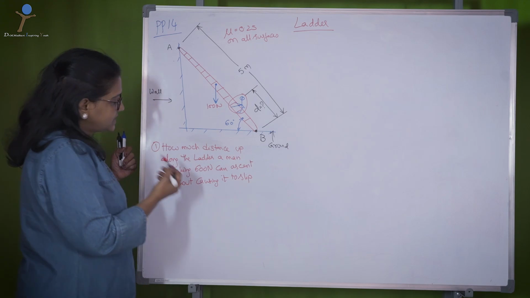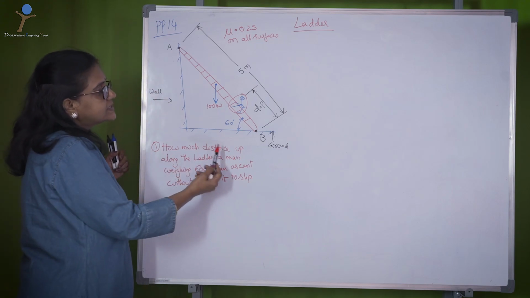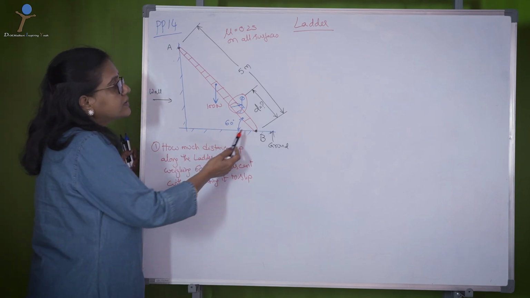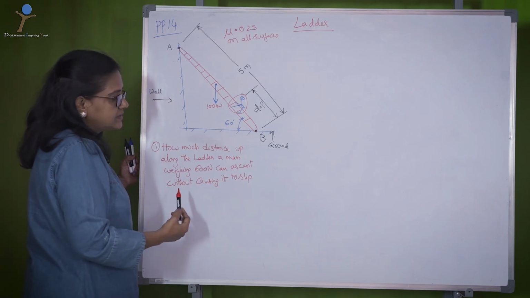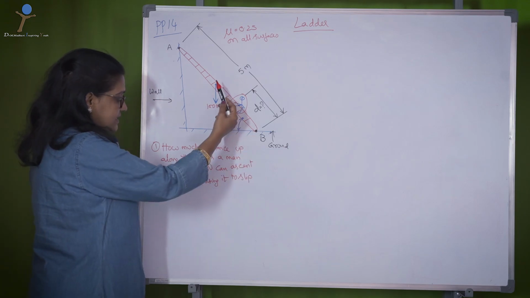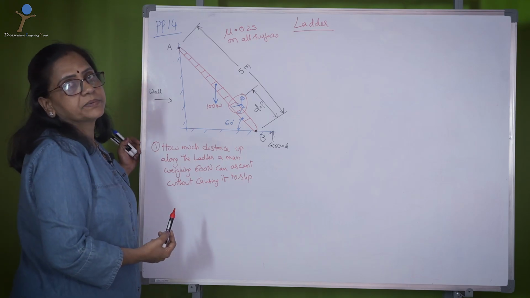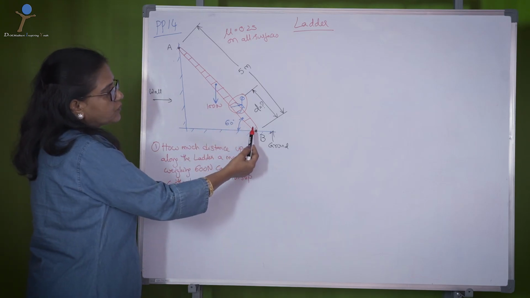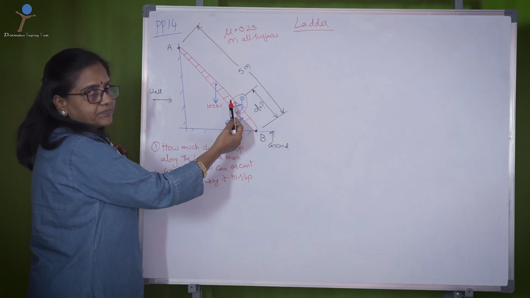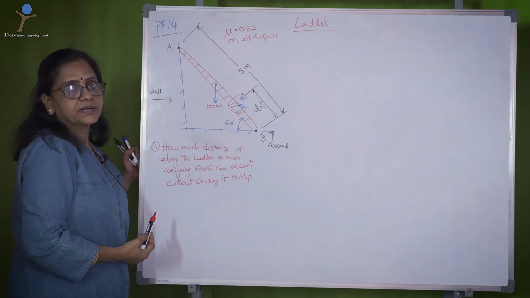Now the question is, how much distance up along the ladder can a man weighing 600 newtons ascend without causing it to slip? So the ladder should not slip while the man is climbing up, is what is to be understood.